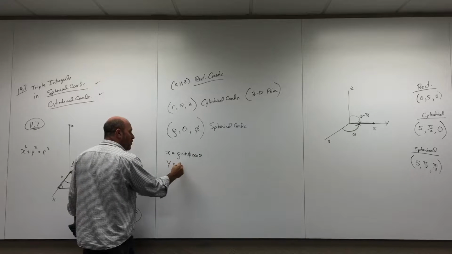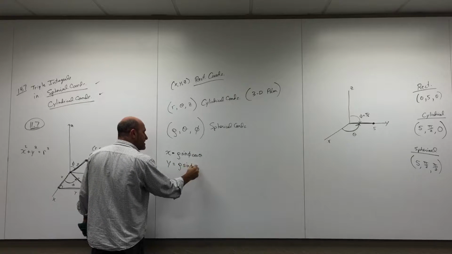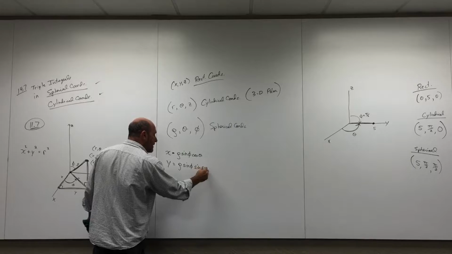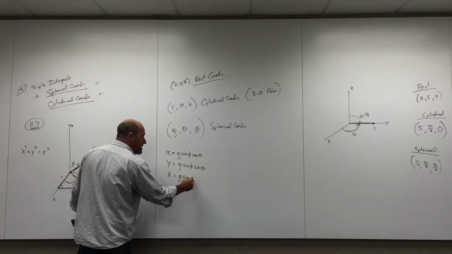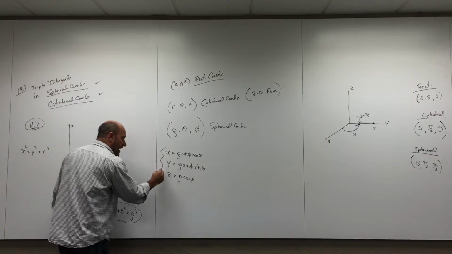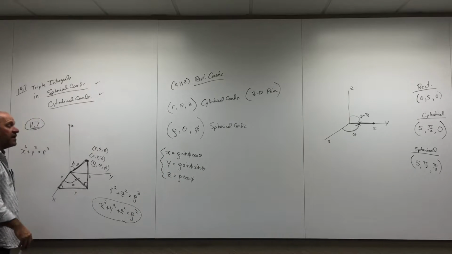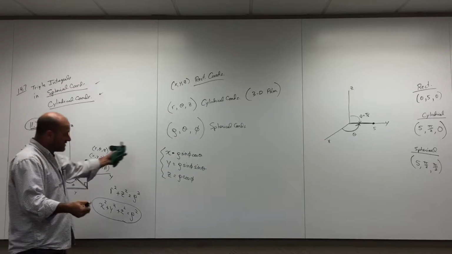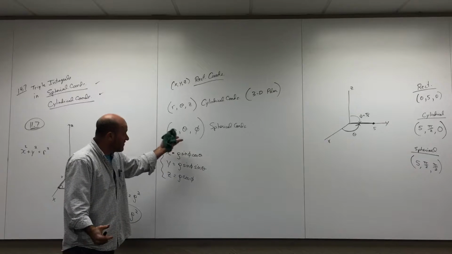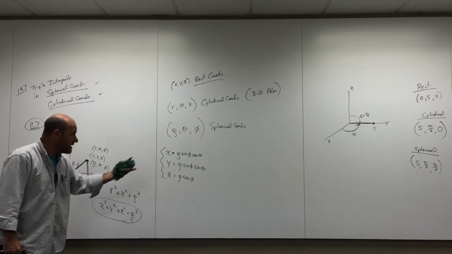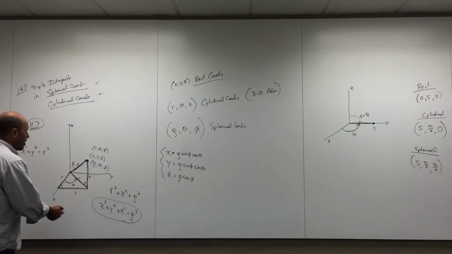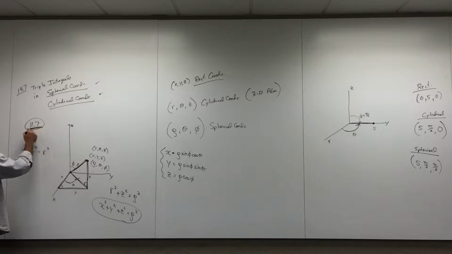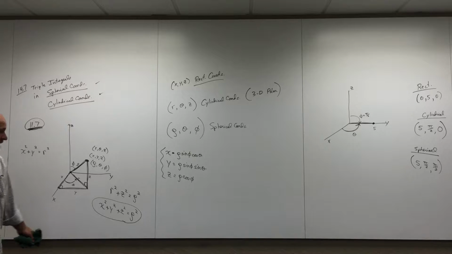Y is rho sine phi sine theta. Z is rho cos phi. Those are handy formulas. We're going to be converting from x's, y's, and z's into this new spherical coordinate system, so we need some of these equations. You don't have to memorize them. You can look them up in 11.7, and on test day, I'll give you these somehow.